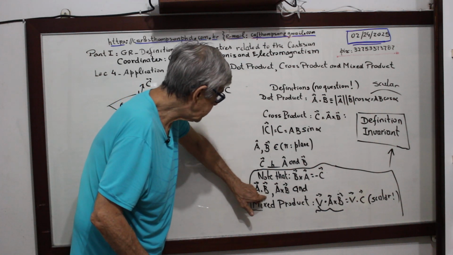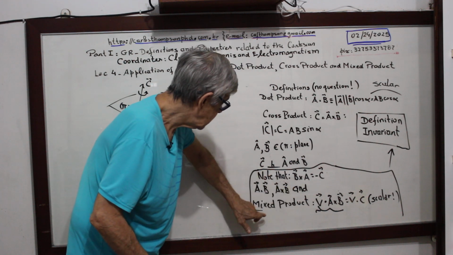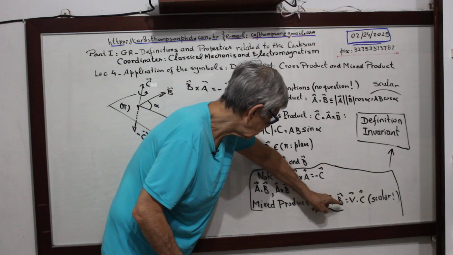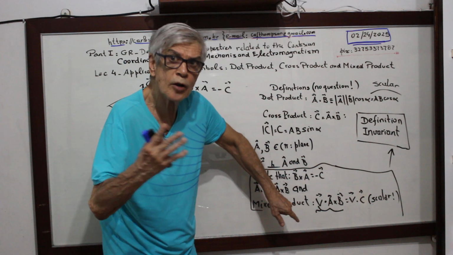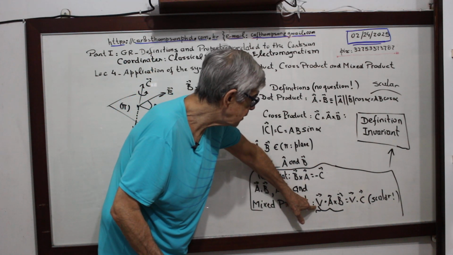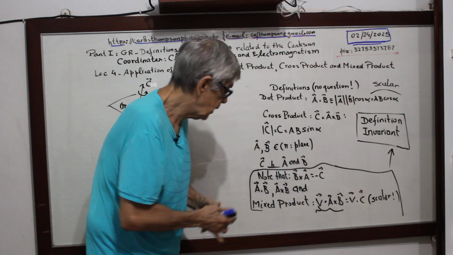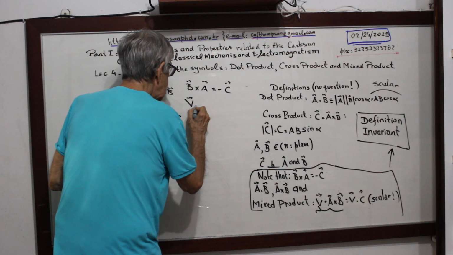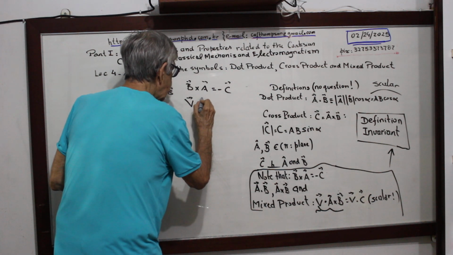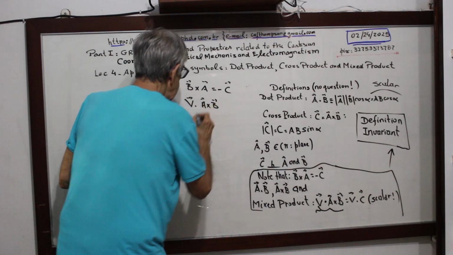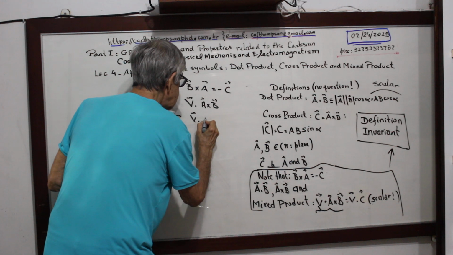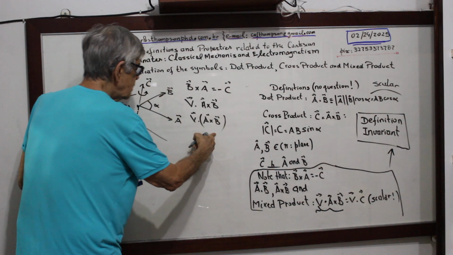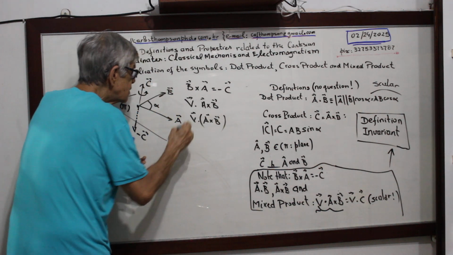Now, A cross B dotted with a vector V is a mixed product. I have A cross B, and I take the dot product with another vector V. Attention now. Don't put parentheses. You don't need them here.